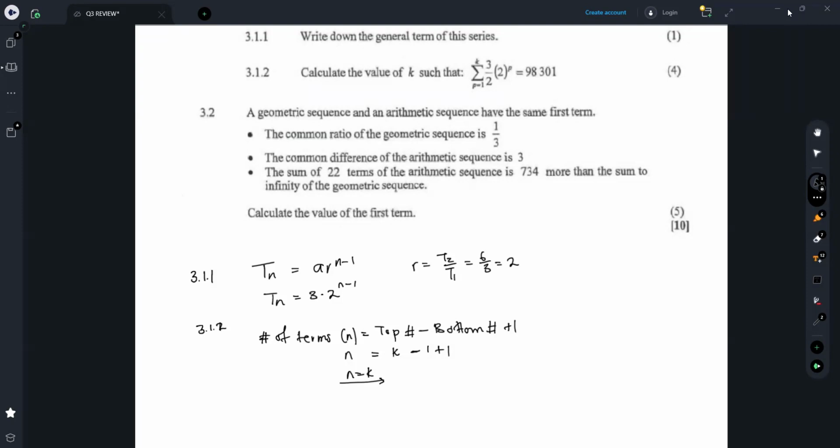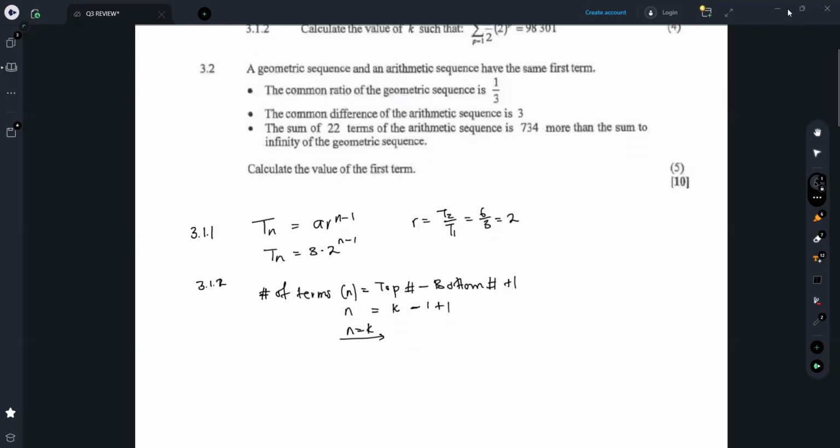If and only if the bottom number is equal to 1. If you have any other value other than 1 here, then k is to be treated as the top number, and you will use this formula here to obtain the number of terms that you're adding up together for your sigma, like that.